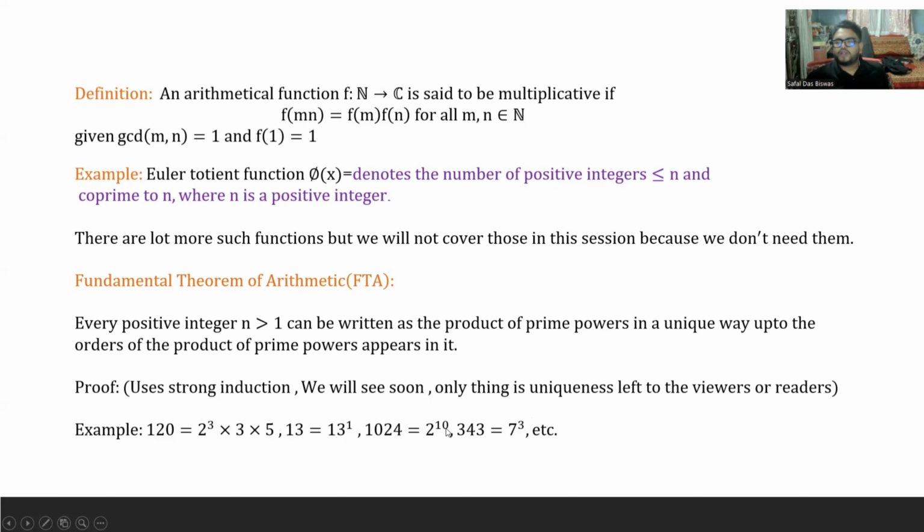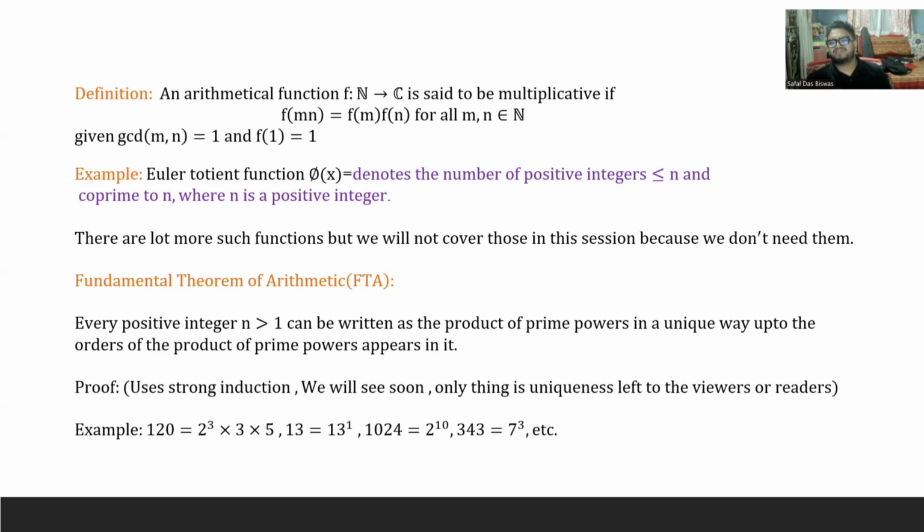One thing to note in prime powers is that 2 to the power 10 is a prime power, that's okay. But this 10, many people get confused. Prime powers does not mean this 10 should be prime. In p to the power alpha, we are not restricting alpha, which may or may not be a prime positive integer.